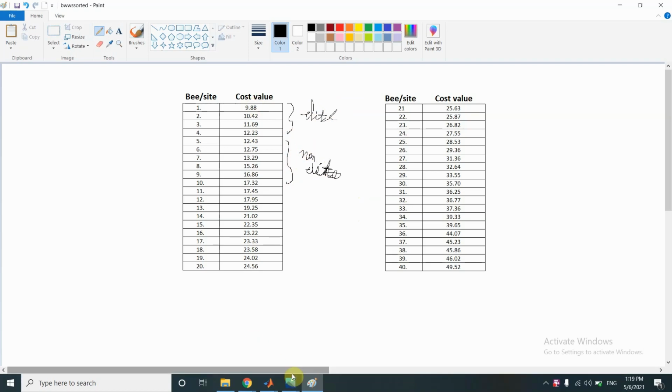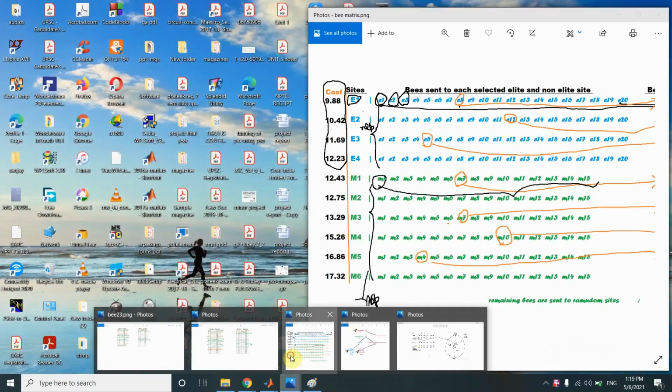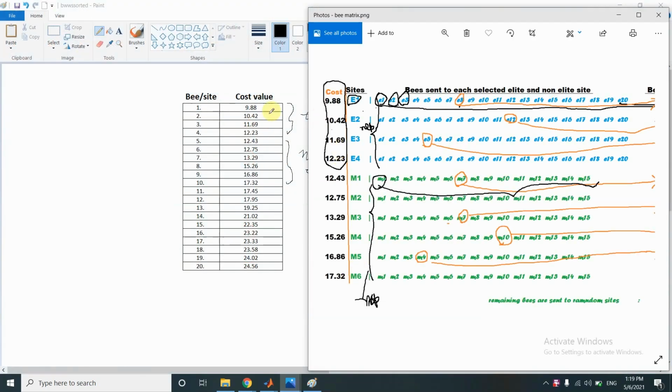So now let us take a look at this figure. The first four sites after arranging in the ascending order were elite. So these are these four sites, and the next six sites were the non-elite sites. NEP number of bees were sent to the elite sites, and NSP number of bees will be sent to the other selected non-elite sites.